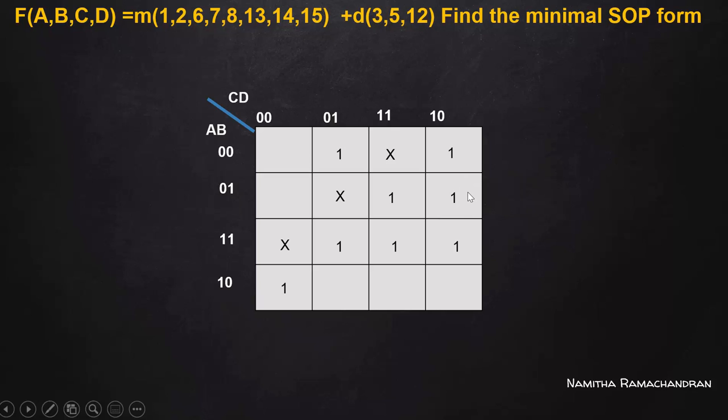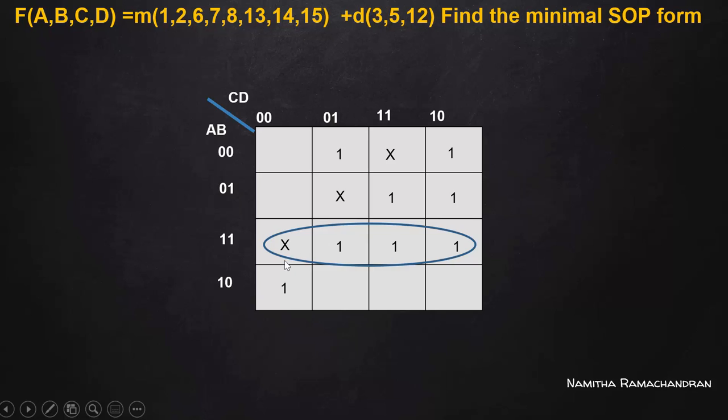Now we can generate different logical groups. Here we can also consider the don't cares in order to make more lengthy logical groups. Here, three minterms are marked with ones, and including the don't cares, we can form a lengthy group which contains four values.